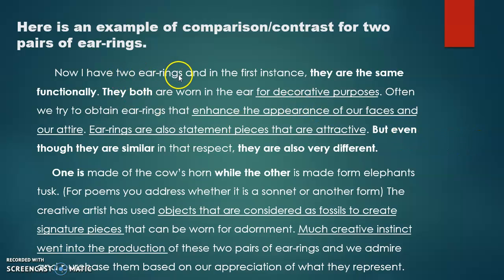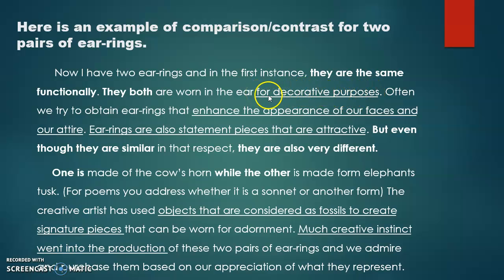Now I have two earrings, and in the first instance, they are the same functionally. So notice what I have here, a definition or a description of the object that I'm critiquing. They both are worn in the ear for decorative purposes.